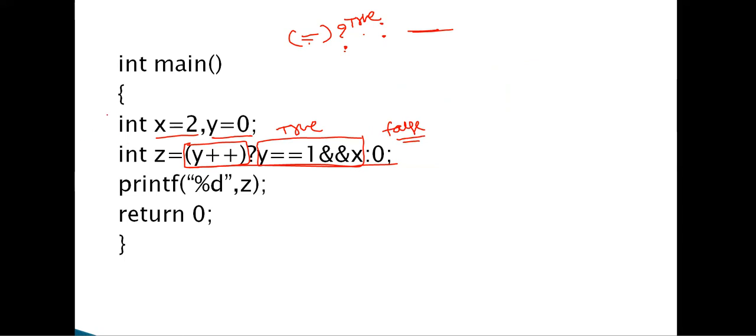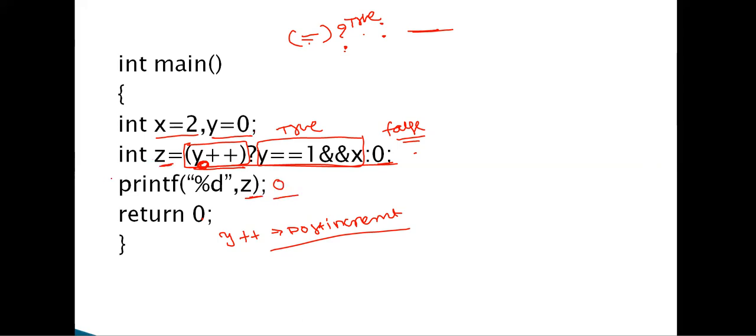First, what happens? y plus plus means post increment. Is the post increment performed or not? First, the post increment is not performed. So obviously the value here is 0. If the condition is false, the output is simply 0. 0 is assigned to z.